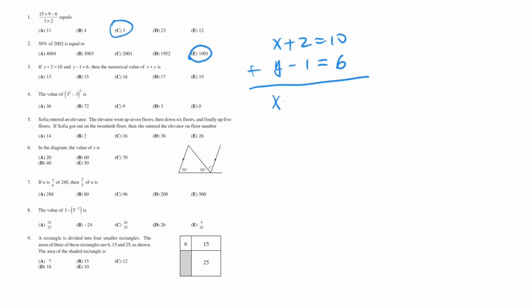So x plus y plus 2 minus 1, that's 1, equals 16. And x plus y equals 15. So number 3, the answer is B.